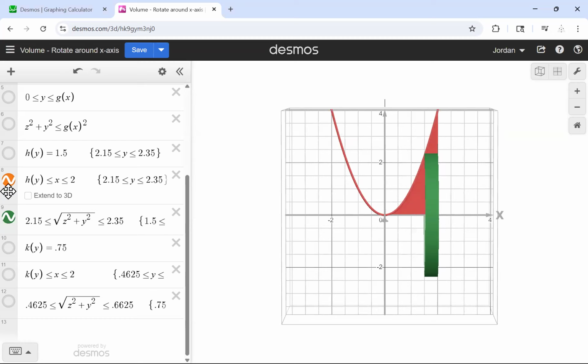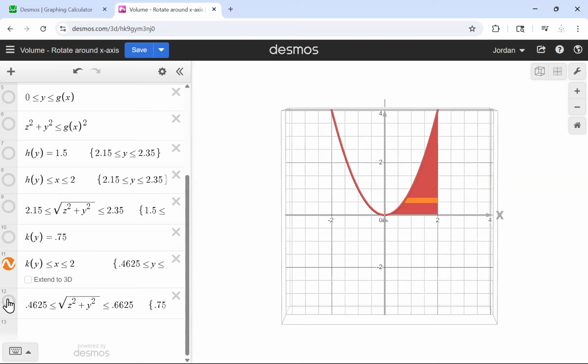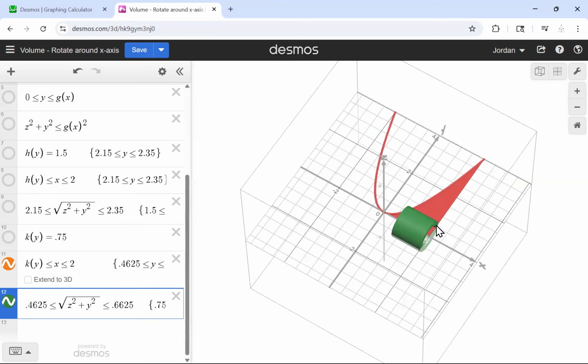But if we move our rectangle from here to here, and then use that rectangle, you'll see that the radius on this shell is shorter. The height is longer.